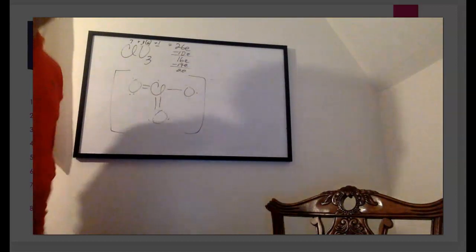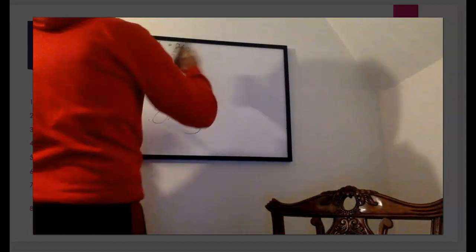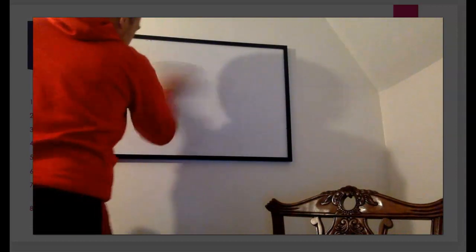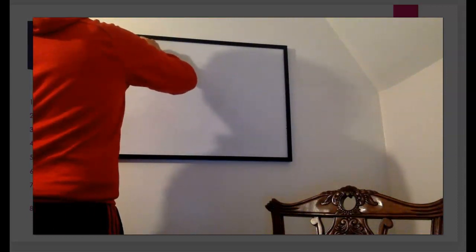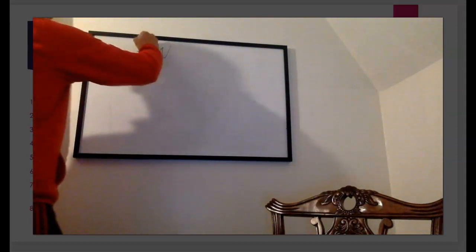All right, let me throw out one other one. Let's do HCN, hydrocyanic acid. Hydrogen has 1 valence electron.